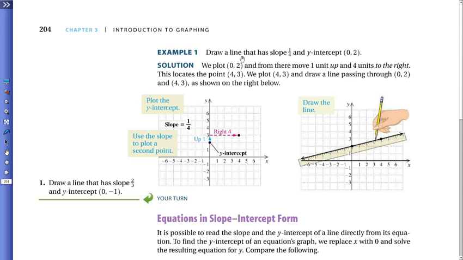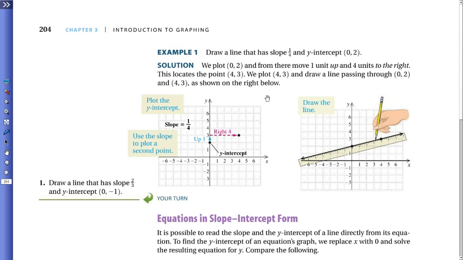So the next thing they have us do is just draw a line using a slope and the y-intercept. So I have a point, basically the y-intercept. I know this is the y-intercept because the x coordinate is 0, right? So I know I have a point which is 0, 2, which is right here.